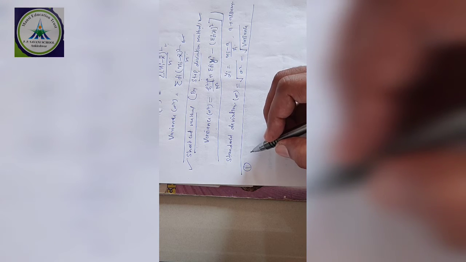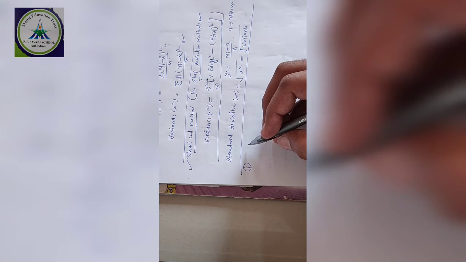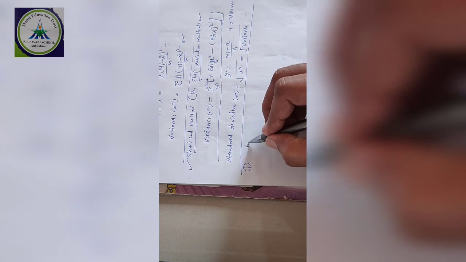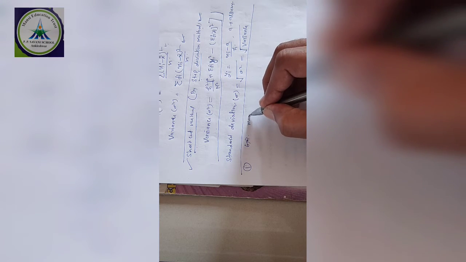Okay, now question number 1, 6, 7: find the mean and variance of each of the following data. Find the mean directly. So the mean x bar equals the sum of observations upon the number of terms. 6 plus 7 plus 10 plus 12 plus 13 plus 4 plus 8 plus 12, upon the number of terms, 1, 2, 3, 4, 5, 6, 7, 8, right?